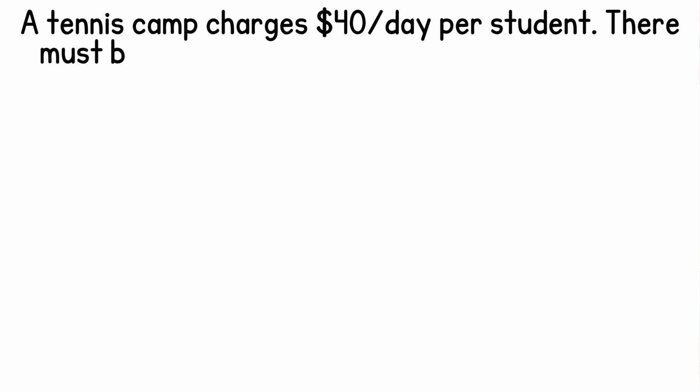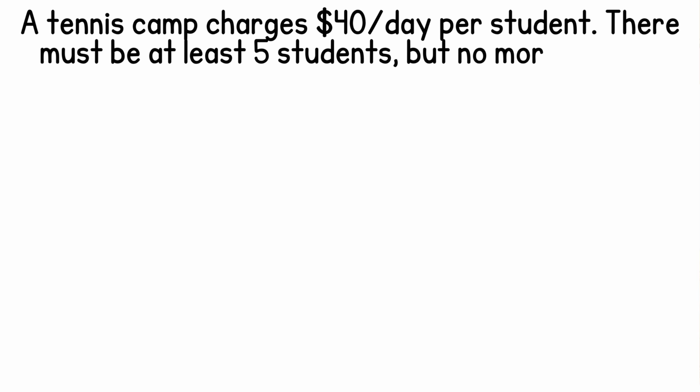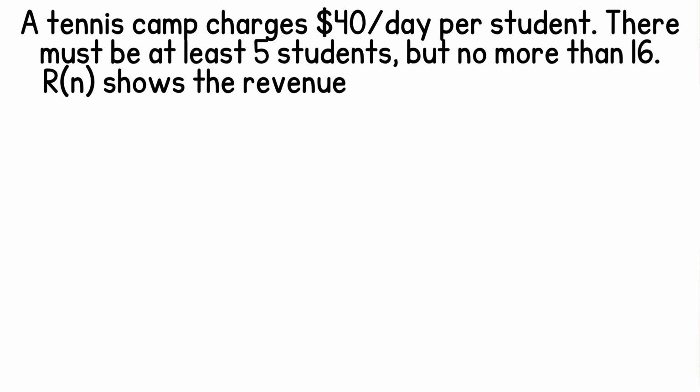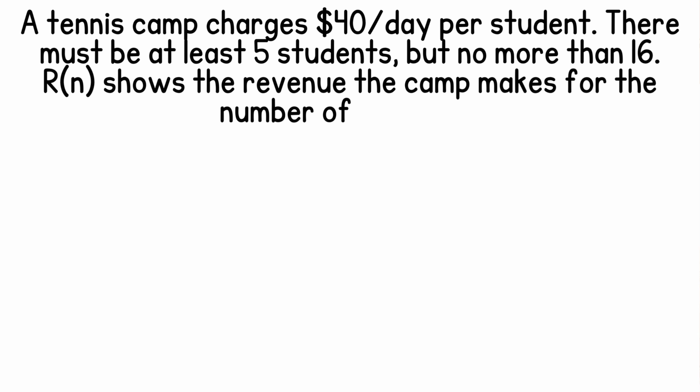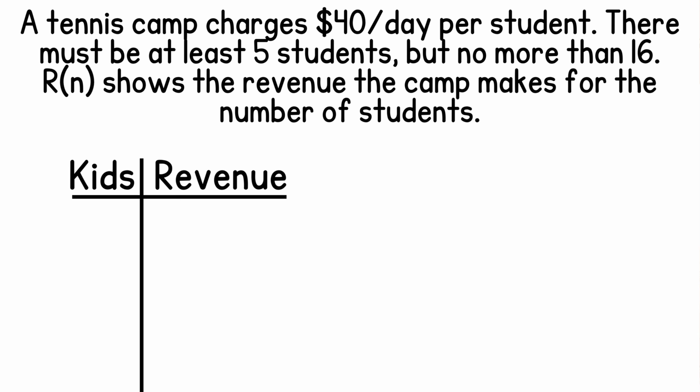Here's another example. A tennis camp charges $40 a day per student. There must be at least 5 students, but no more than 16. R of n shows the revenue the camp makes for the number of students. So we'll make a table of kids and the revenue earned to find the domain and range. The smallest number of kids we can have is 5, and if we multiply the 5 kids times the $40 a day, we'll get a revenue of $200.